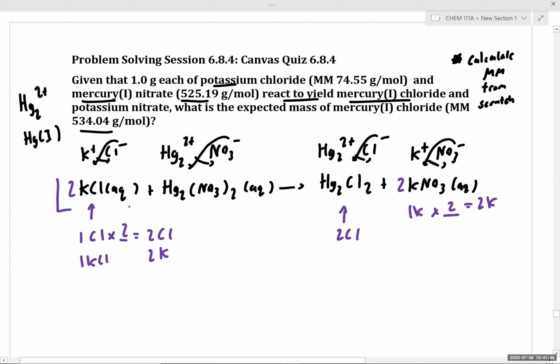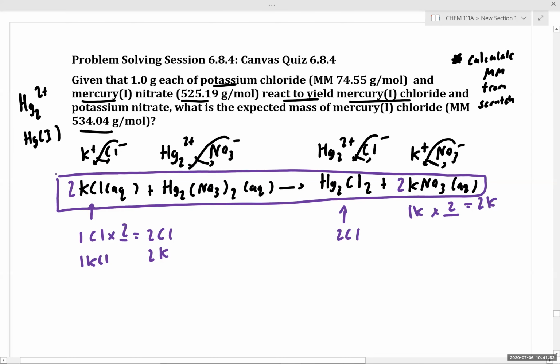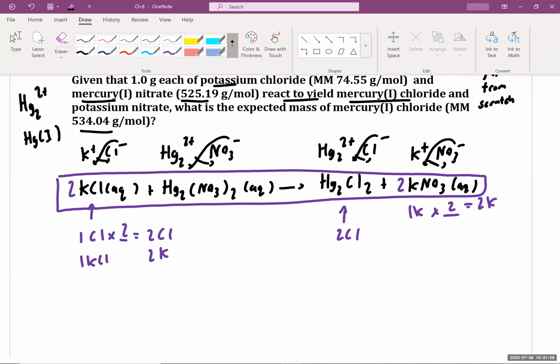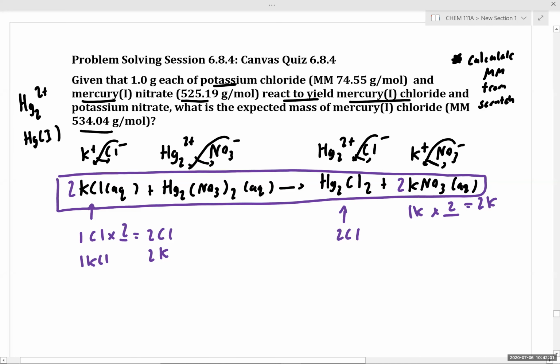So now that we have our balanced equation, let's take about 5 minutes and let's try to calculate the expected mass of mercury 1 chloride if we completely used up our limiting reactant.